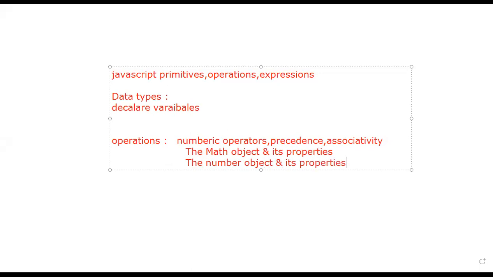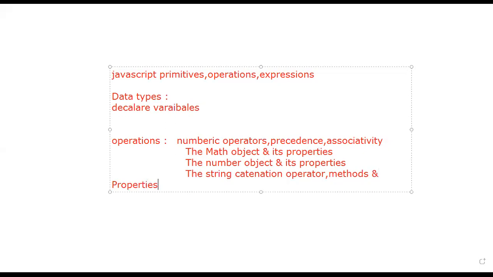Then we moved towards the string catenation operator, and here we also saw the string methods and properties. Are you getting that? So this is what we have covered until here under operations.